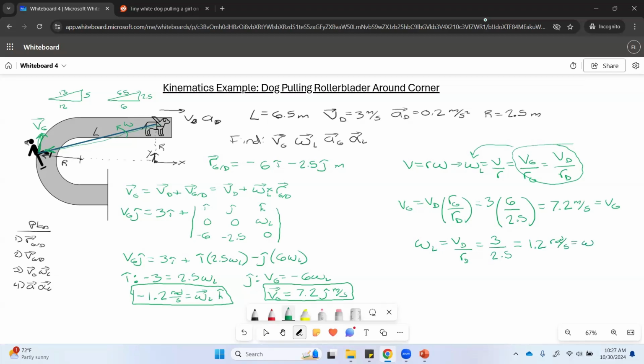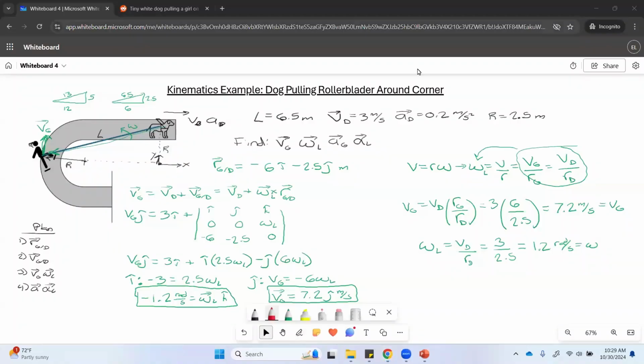And here, this gave us a positive value. We have to know that omega is going clockwise, or negative. And that's just because since the girl is moving vertically and the dog is moving horizontally, that angle is decreasing, and so omega therefore must be negative. So that's the caveat with these shortcuts: you have to know which direction things are going, because the shortcut works with scalars and we're dealing with vectors.